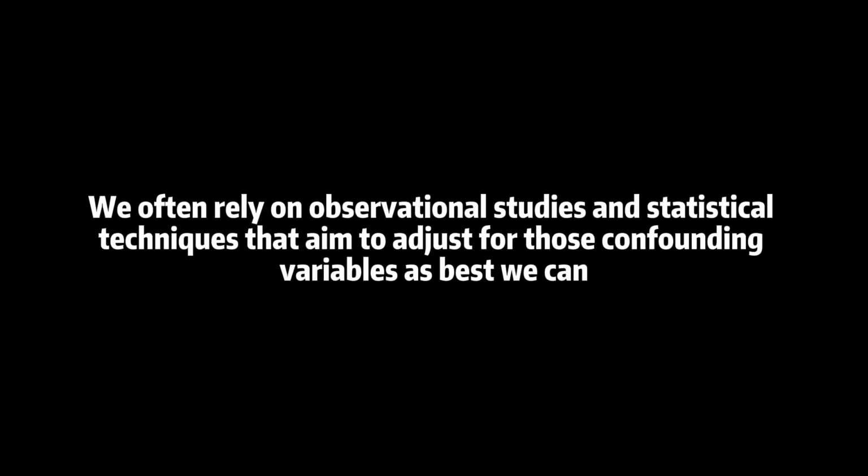Exactly. And to make things even more complicated, there are often multiple confounding variables at play. It's like trying to untangle a giant knot. So how do we try to control for these confounding variables when A/B testing, which is like the gold standard for proving causation, isn't a possibility? It's a challenge. We often rely on observational studies and statistical techniques that aim to adjust for those confounding variables as best we can.